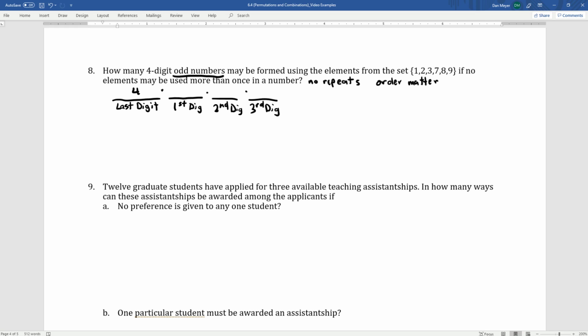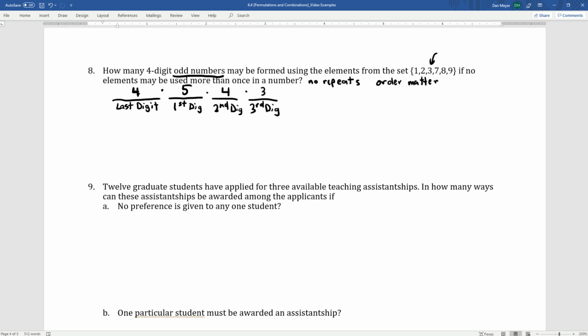So once I've picked my odd digit to be last, so that my number is odd, there are 5 left for the first digit, and then 4 left for the second digit. Once I've picked a last digit and a first digit, there's 4 of these elements left for the second digit, and then there'd be 3 elements left for the third digit.